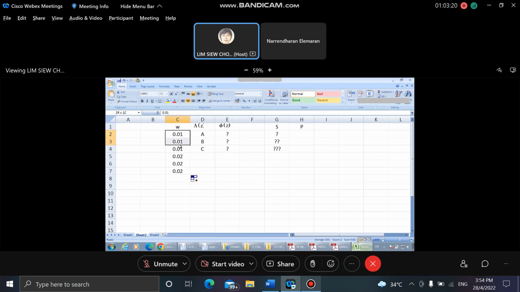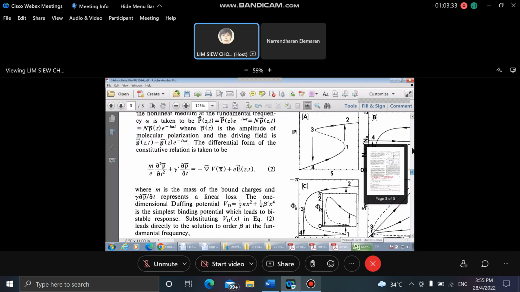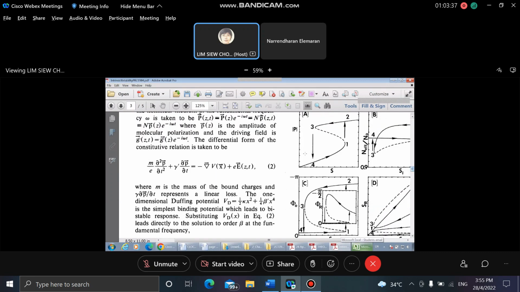So usually when you choose this omega, you can calculate a few, maybe one, maybe two, or maybe three. Why like this? Because you look at this picture, you can have only one value of p or one value of gamma.